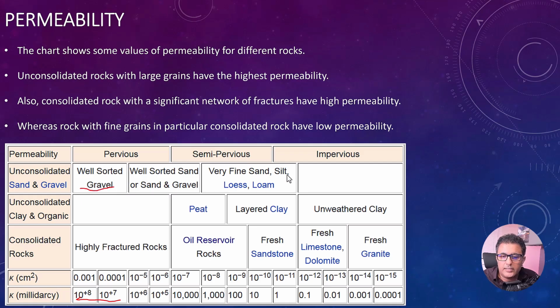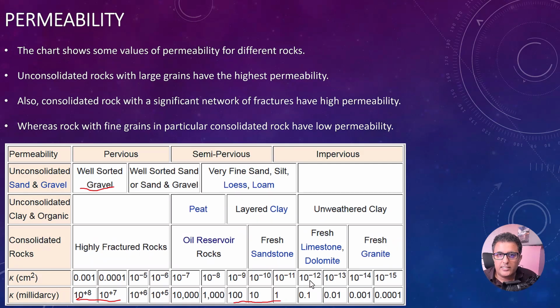On the other hand, for very fine sand, again assuming that the sand is not consolidated, the permeability is much smaller. For example, it may vary from 100 to 1 millidarcy.